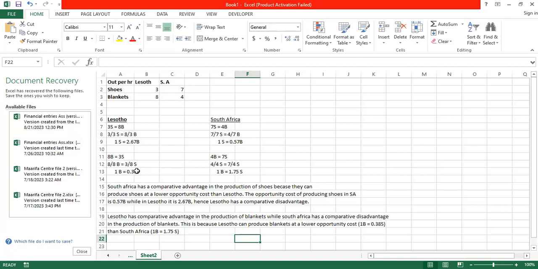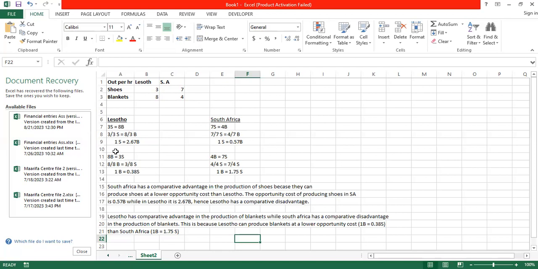Not exactly, because now we are dealing with it in terms of opportunity cost. So we look at the price of a commodity in terms of the other commodity. It's the local exchange rate. The autarky price is the price of one commodity in terms of another, but within the country.